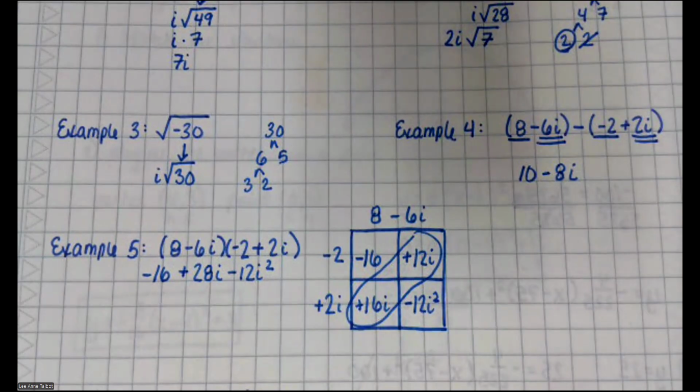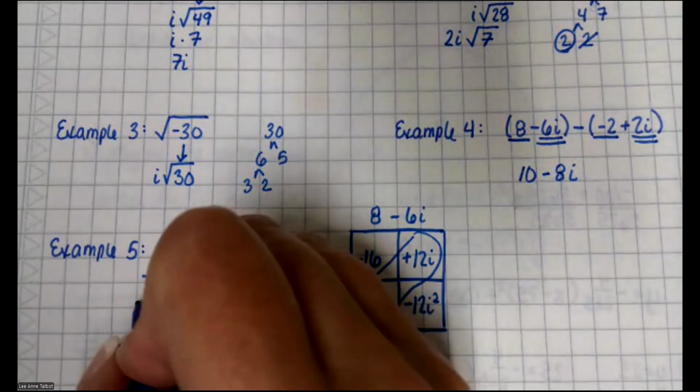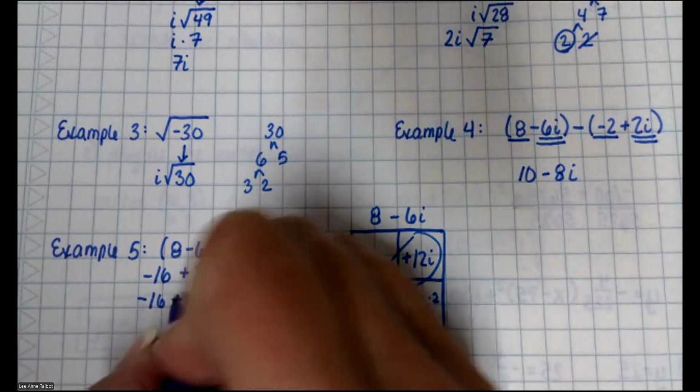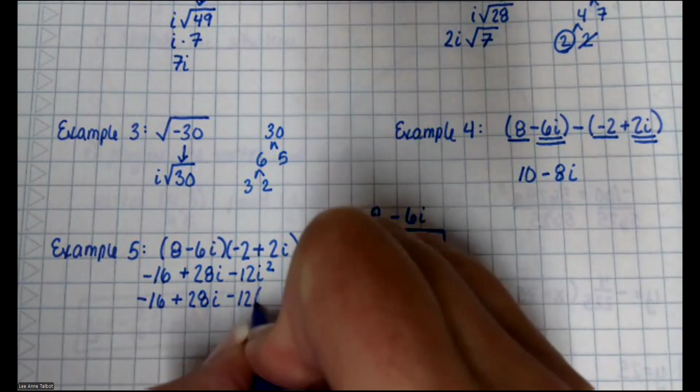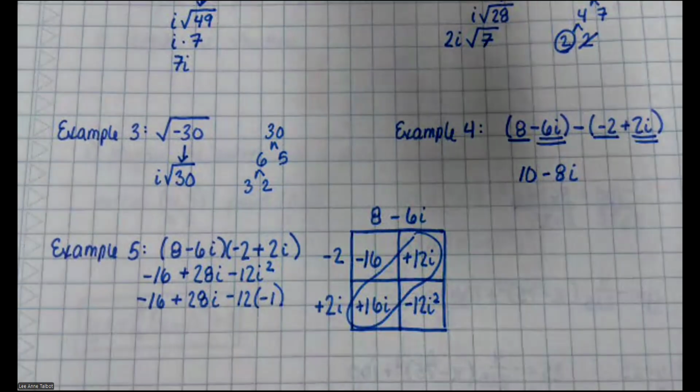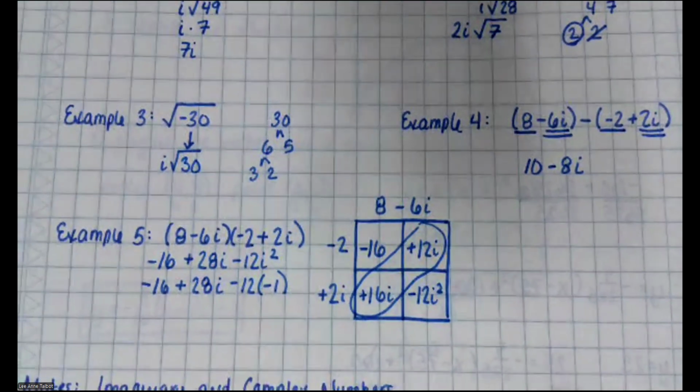Okay. Now, if this was any other letter in the problem, this would be done. But it's not done because it's i. What is i squared? Negative what? So you take your i squared and replace it with negative 1.